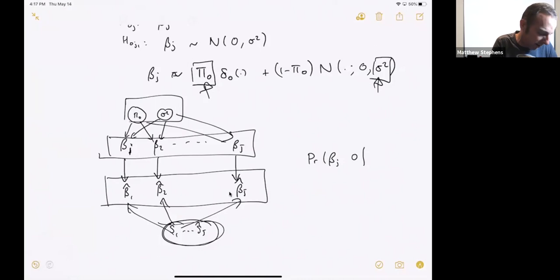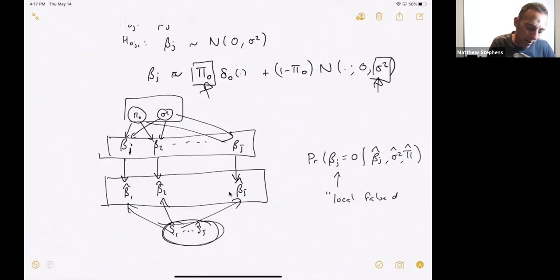So you could compute the probability that beta j equals 0 given beta j hat and the estimated values from the empirical Bayes procedure. And this quantity here is called the local false discovery rate.